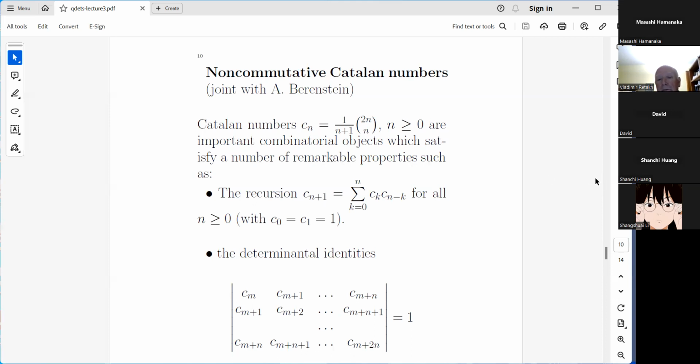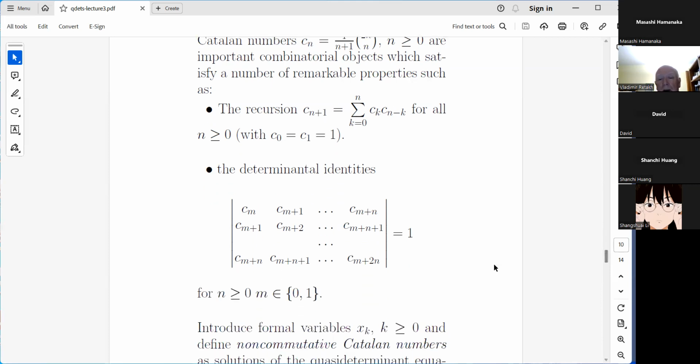Now, there is a less known definition of Catalan numbers. Suppose you solve this determinantal equation. You have the Hankel matrix of Catalan numbers, and you start with C0 and C1.